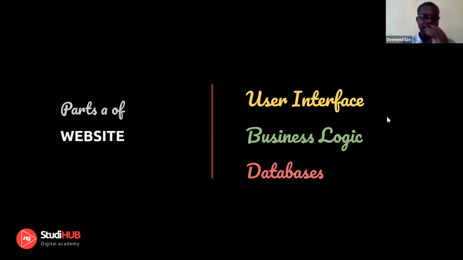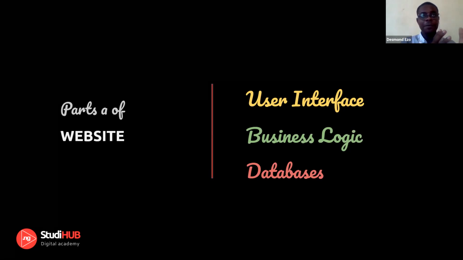Then we have the business logic. Now, the business logic includes code that makes a business unique, or makes a web application unique on the business side of things. So each code for business logic is usually specific to a particular business. So for instance, let me explain.